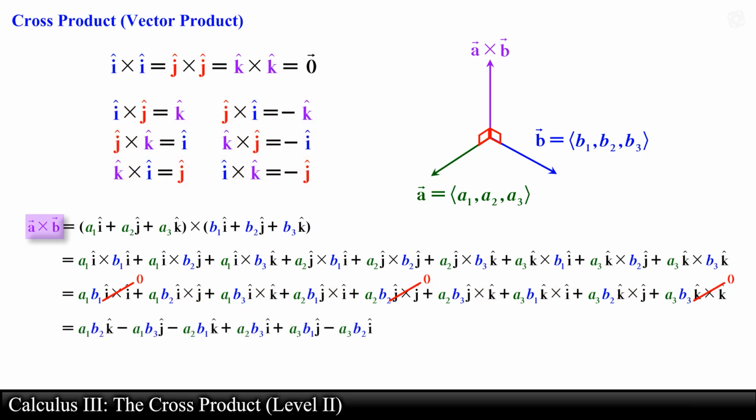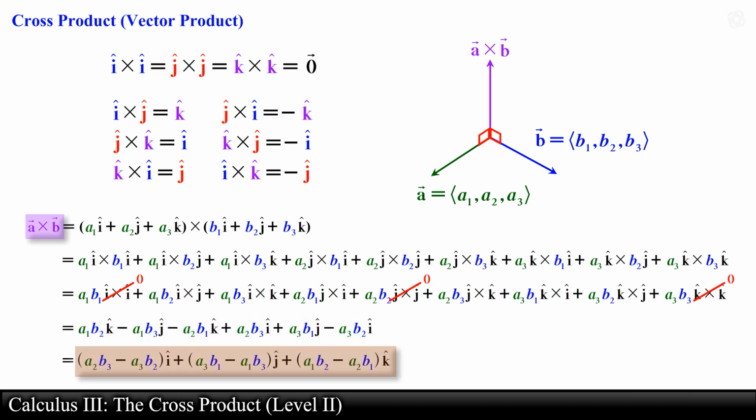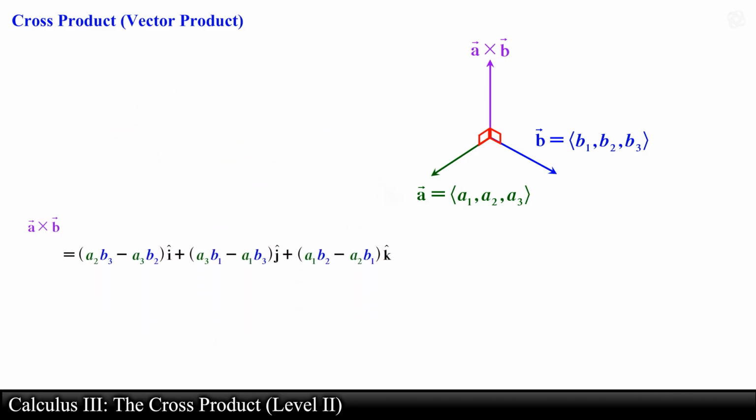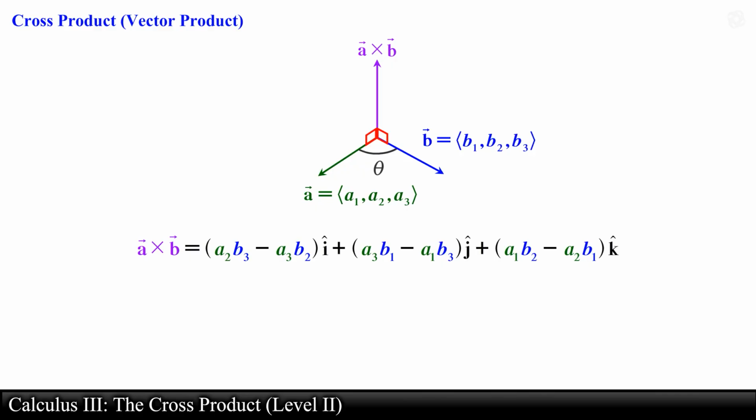The last step is to group the terms that contain the unit vectors i hat, j hat, and k hat together. Doing that, we obtain the components of the final vector, which represents the cross product between vector A and vector B. Notice that the cross product produces a vector with an x, y, and z component.